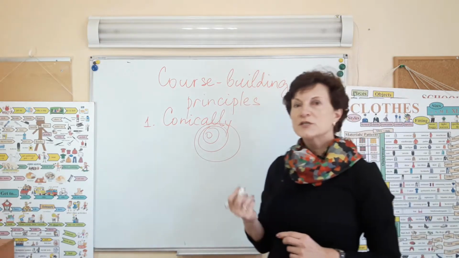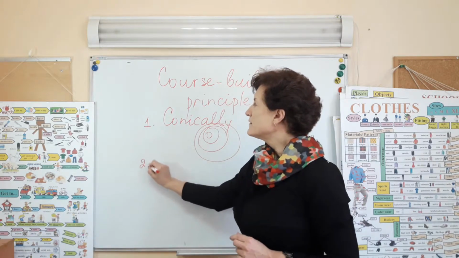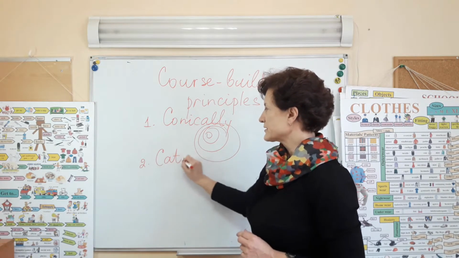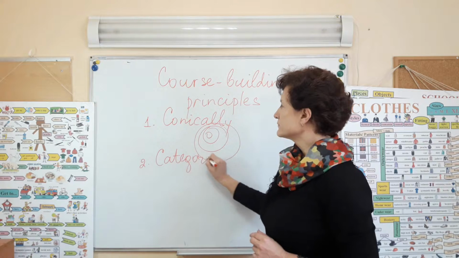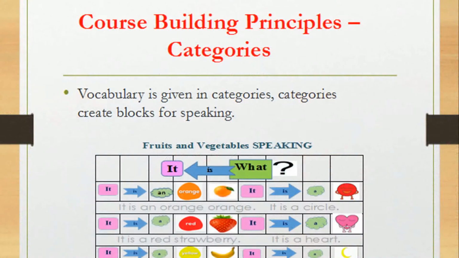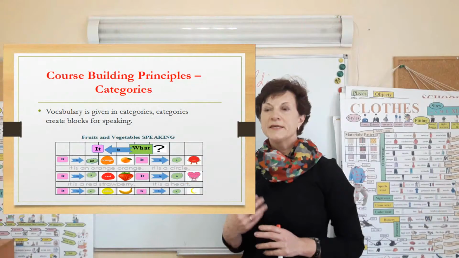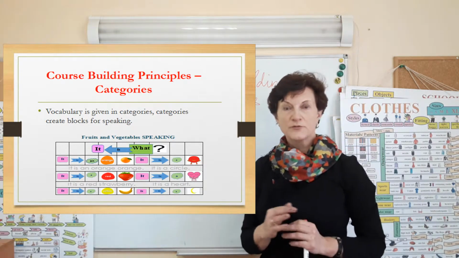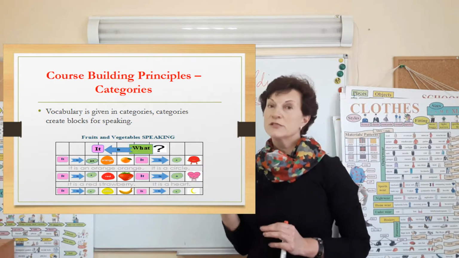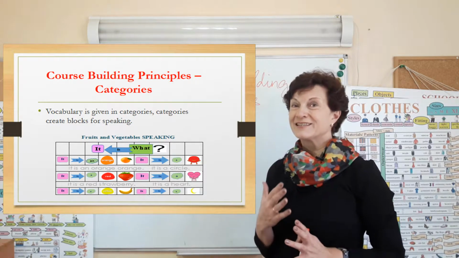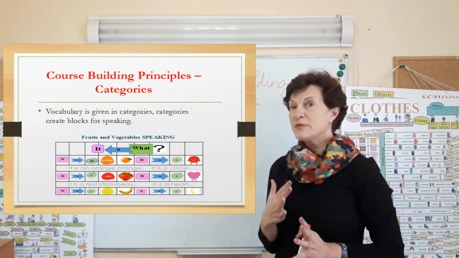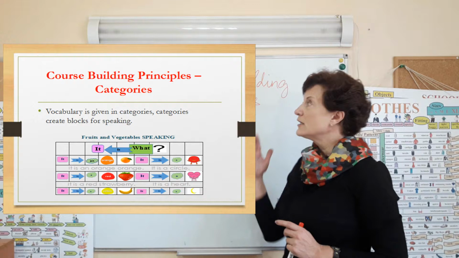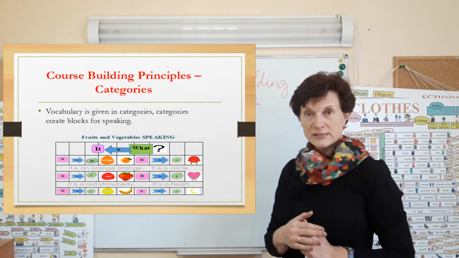The next important principle is the use of categories. I keep repeating that categories are extremely important for the human brain. We store all materials in categories, and it means that we can use the categories for building a course.